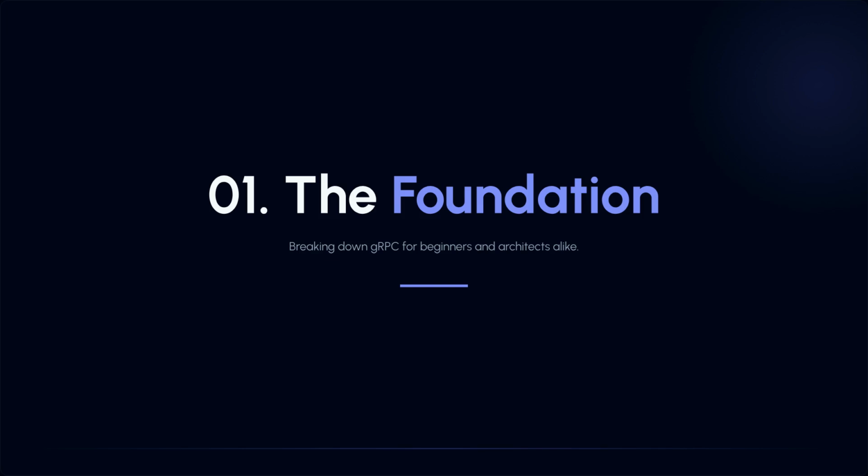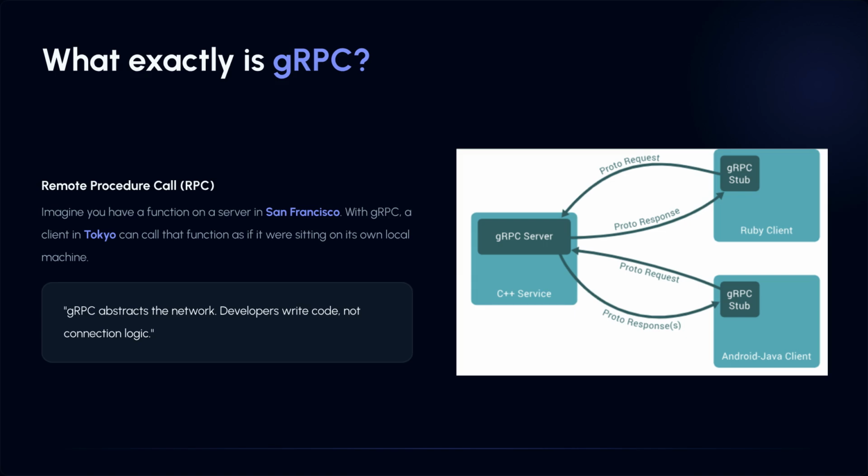Pretty cool, right? Let's imagine a simple scenario. Suppose there's a function running on a server in San Francisco. Now you're sitting in Tokyo and want to execute that function. Normally, you'd need to send HTTP requests, define routes, parse JSON, handle errors, and so on. With gRPC, you simply call the function as if it exists in your local application.